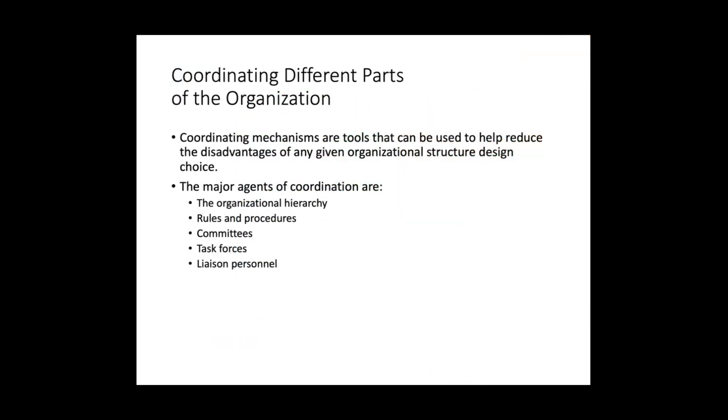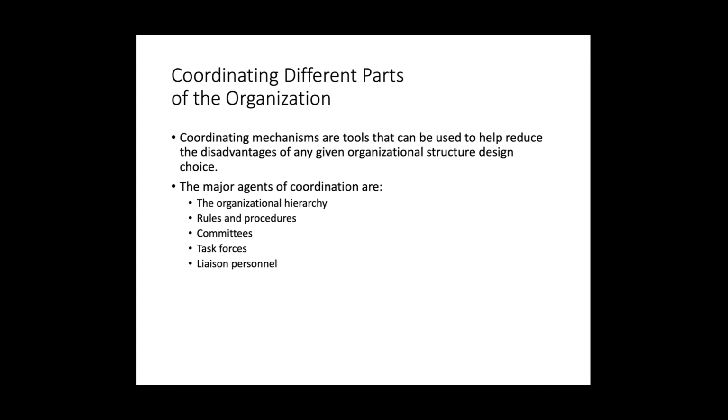And then finally, what are we talking about when we mention different coordinating mechanisms? Well, what we mean are the kinds of tools that you can use to reduce the disadvantages of any particular organizational structure that you might choose. And you can see some of the major tools or agents of coordination listed there.